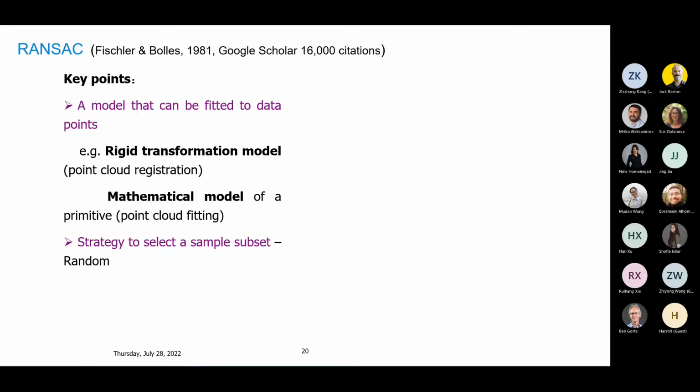And we need a strategy to select the sample subset, because RANSAC is a sample and verification strategy to detect the correct models. This strategy uses a random way to select points, and needs to set the maximum number of iterations for the whole process.